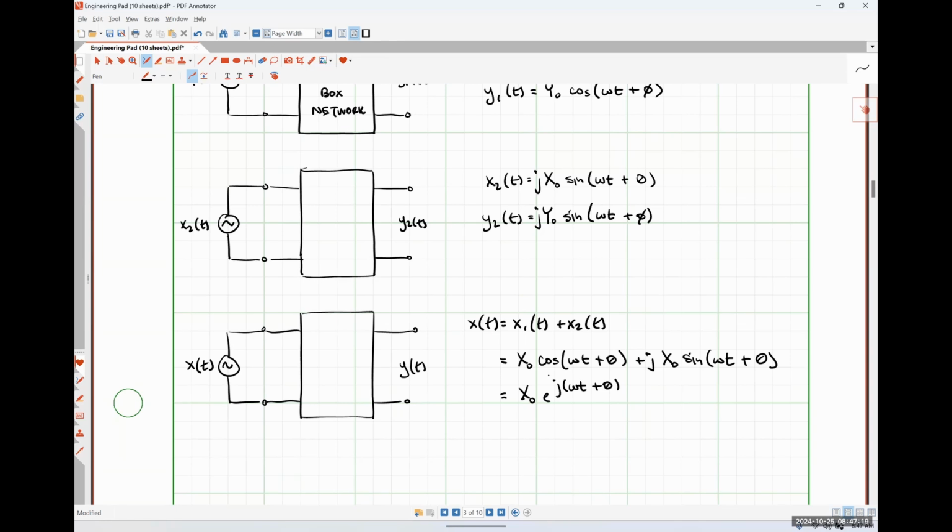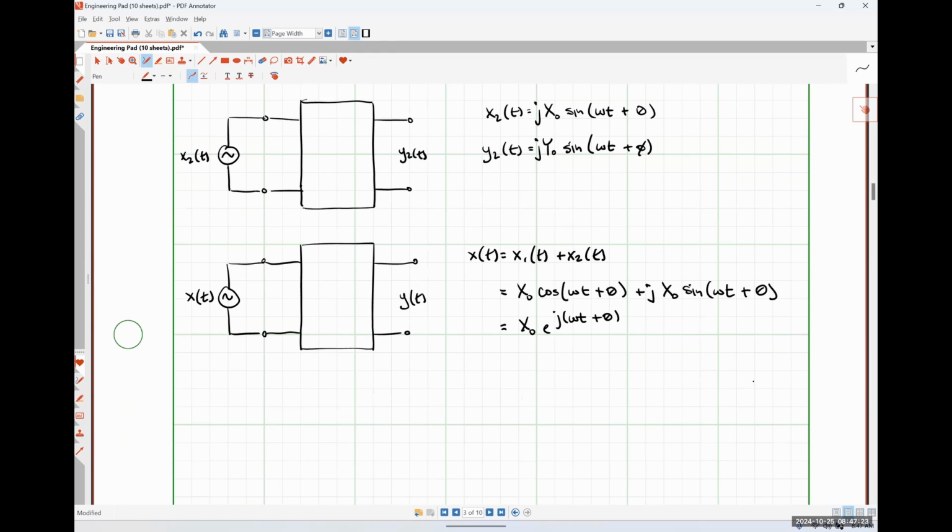That is literally just Euler's identity in application. Okay. So if I have that cosine function plus j sine function, and I add those signals together, that is the exact same thing as me applying a complex exponential excitation.